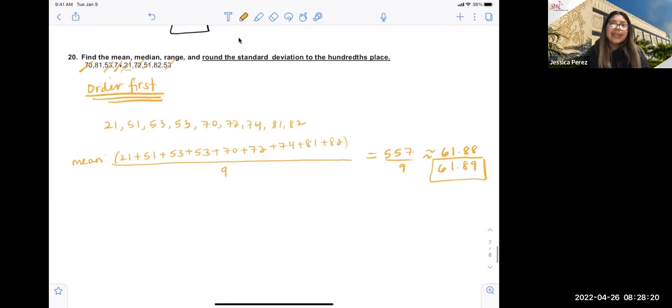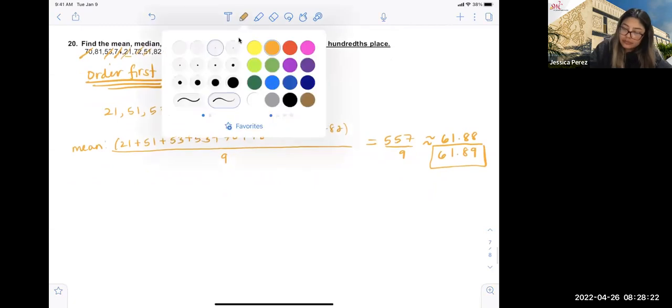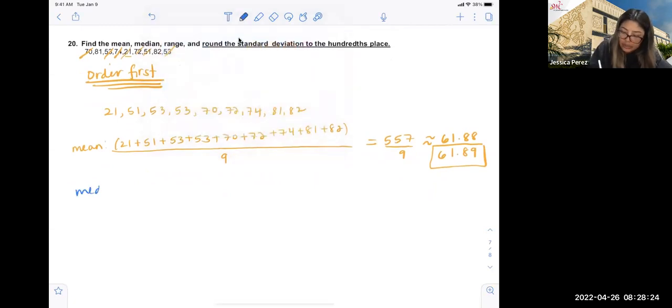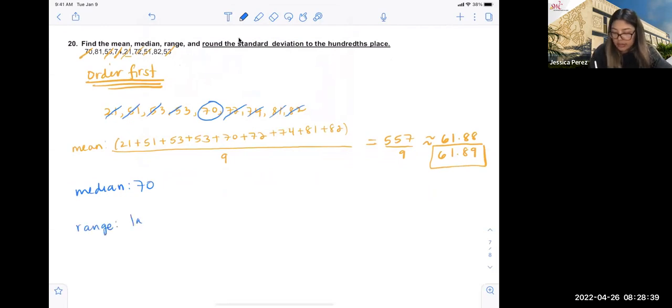Now the median, well, you just cross them off one by one. 70 is the median. The range is the largest value minus the smallest.